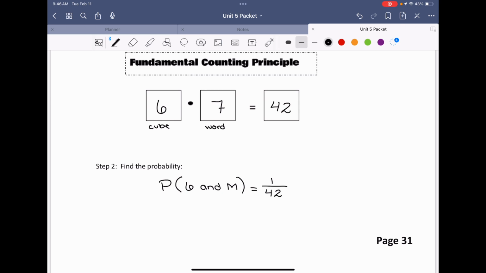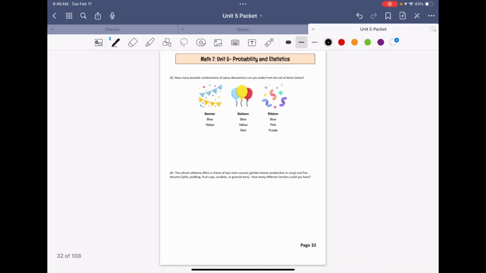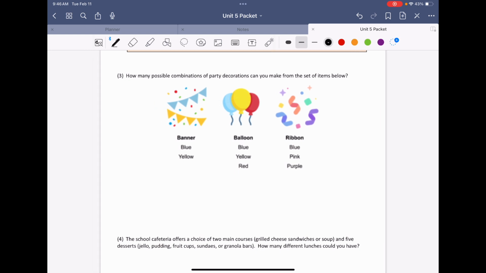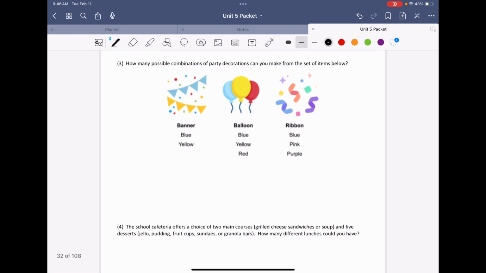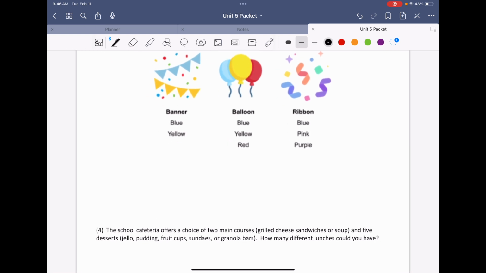Okay, next page. It says, how many possible combinations of party decorations can you make from the set of items below? So we've got a banner, balloon, and ribbon. So same thing, I just have 3 different independent events, so I'd still multiply all 3 of them.